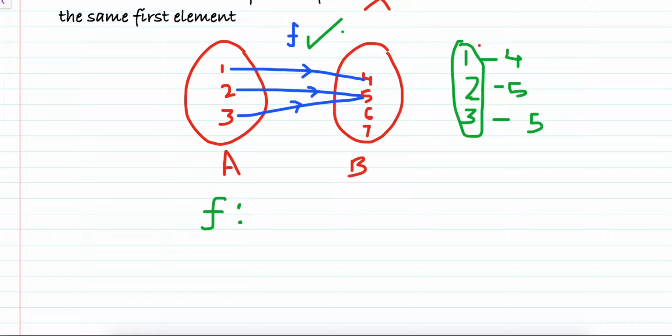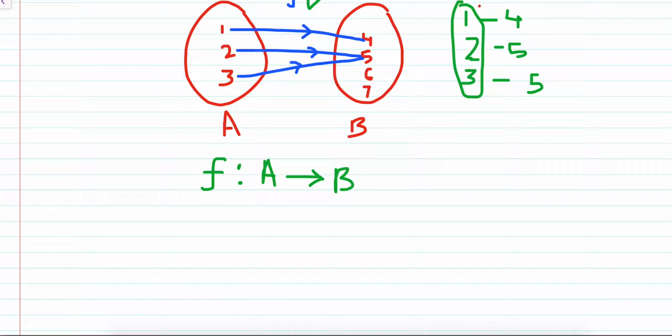So f, and then the first set, the domain set, from A to B. So we will denote it as this, and this is just denoting that f is a function from A to B.